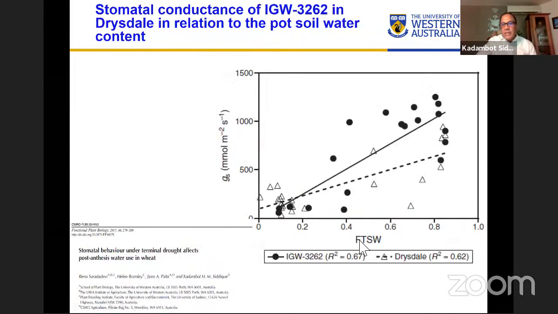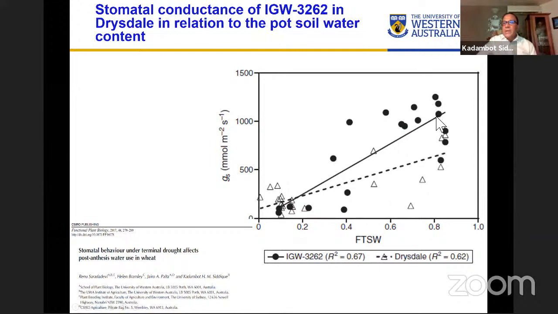So here you can see that FTSW stands for fraction of transpirable soil water. So that means very dry here, 0. 1 means well watered. So there are two genotypes. Dry tail is a relatively drought tolerant variety. IGW is more sensitive.